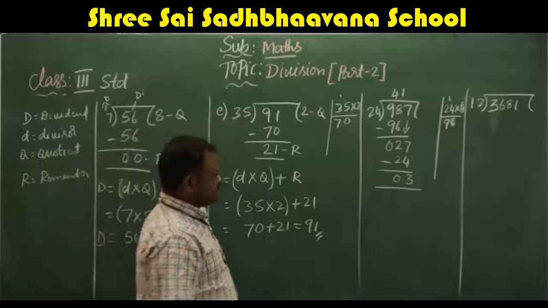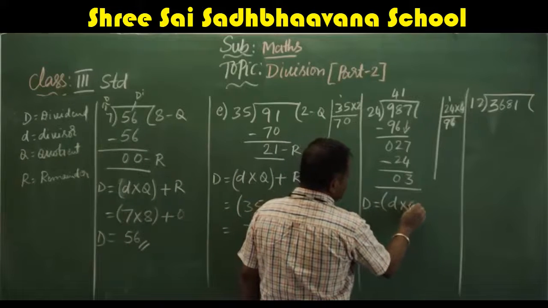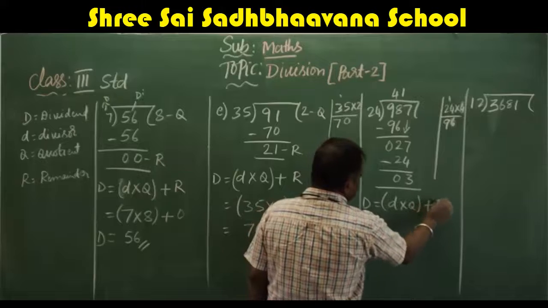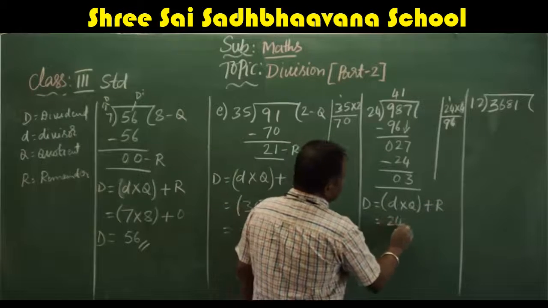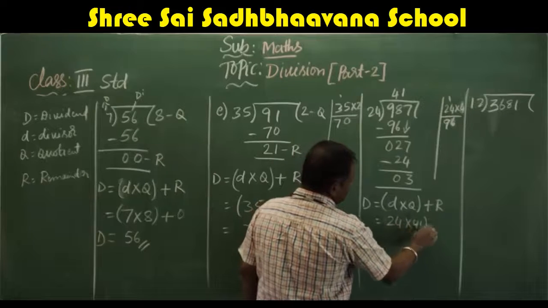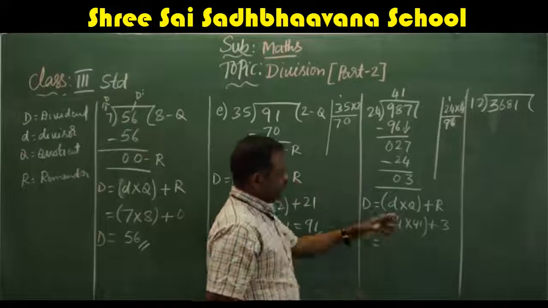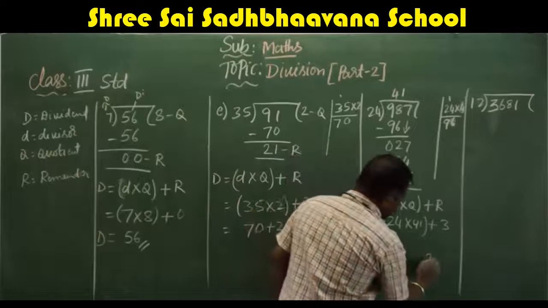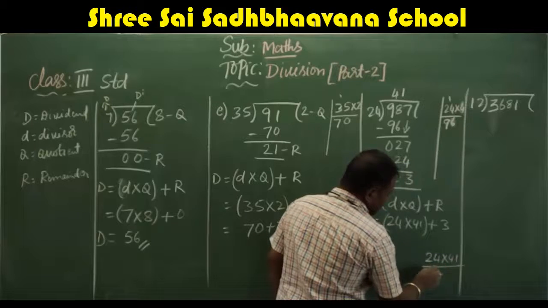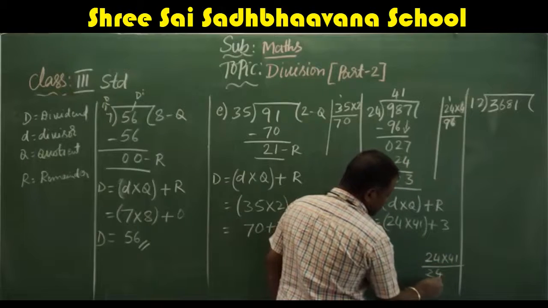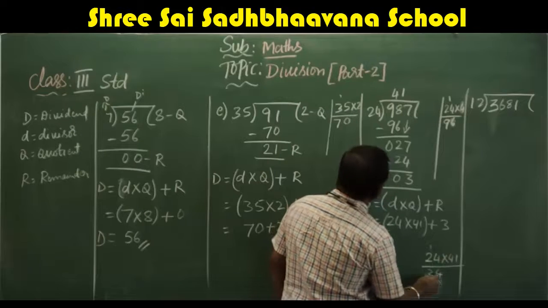So once again the same formula, D is equal to d into Q plus R. What is d here? 24 into Q, 41, plus R, 3. So you multiply 24 into 41. 1 4 is 4, 1 2 is 2, 4 4s are 16, carry 1, 4 2s are 8 plus 1 is 9.